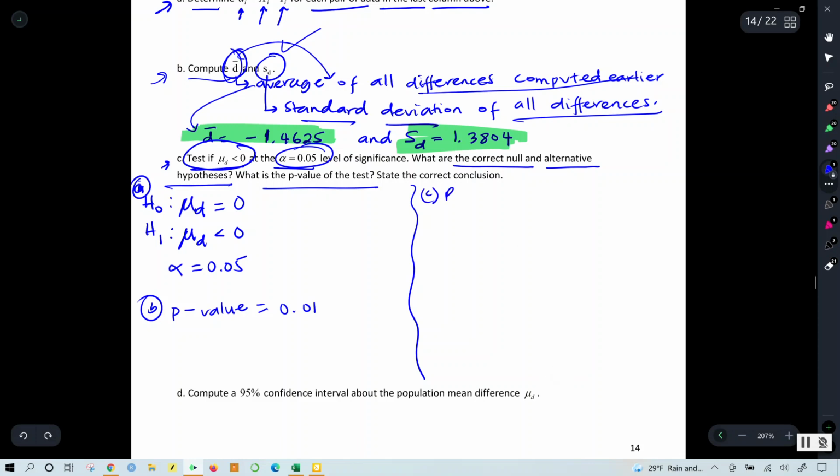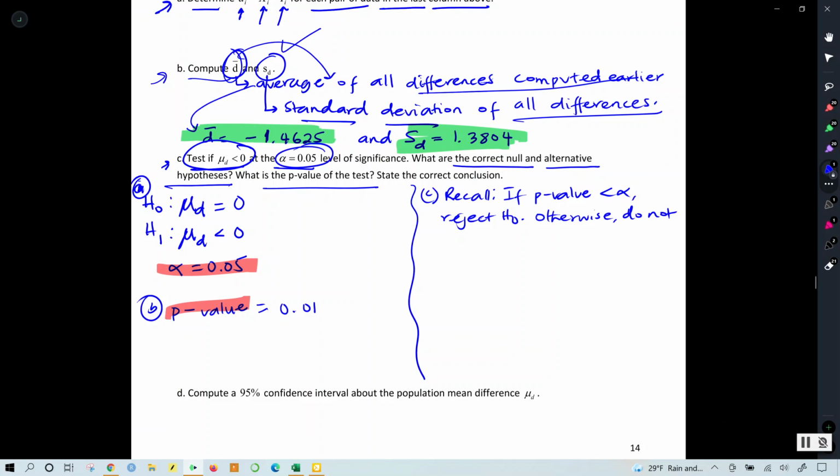So you want to recall the decision rule. The decision rule when you're using the p-value versus alpha approach is that if the p-value is less than alpha, you reject the null hypothesis. Otherwise, if the p-value is greater than alpha, you do not reject the null hypothesis.